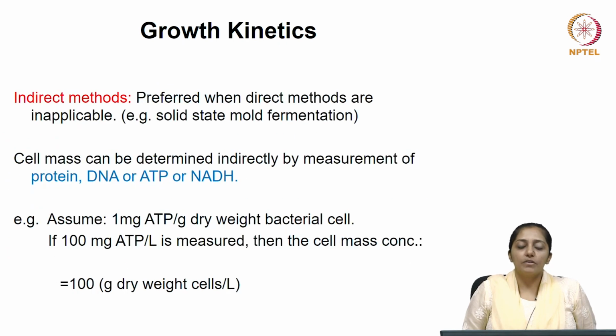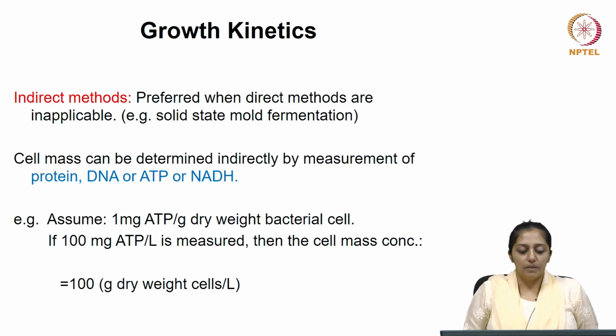The indirect methods of biomass estimation involve correlating the biomass concentration or the cell number density with some intracellular parameters like the DNA or the ATP or NADH or proteins. There are correlations in literature where people have found a mathematical correlation between the cell number density and how these intracellular parameters change during growth, and they have been found to be directly correlated.